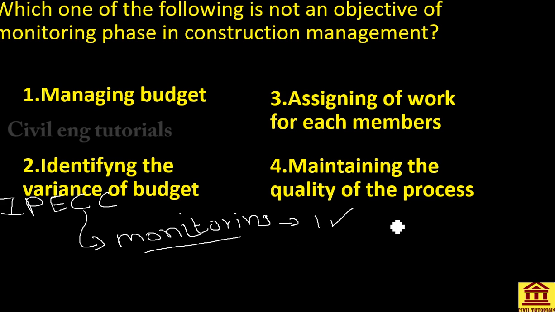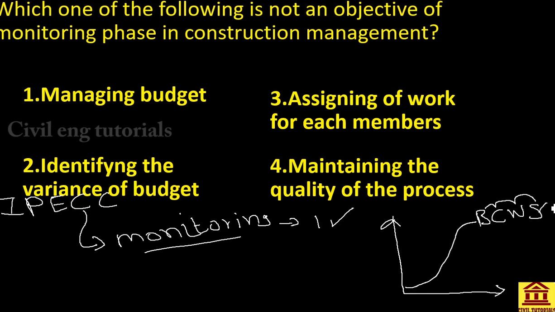We can identify the variance of budget like this. As I showed, we can draw the cumulative curve called the S-curve for BCWS, budgeted cost for work scheduled. This is the scheduled work.